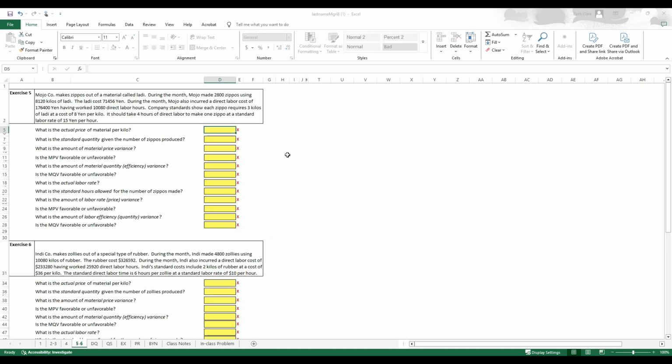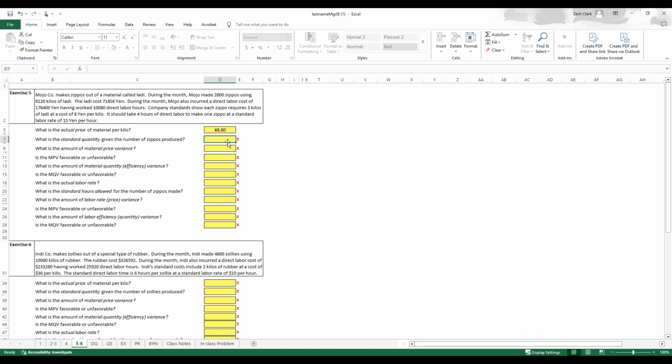Okay, so here we are back in our exercise input screen, and we're going to go through and just start inputting. So the actual price of material per kilo, we calculated as 8 yen and 80 cents, or 8.8 yen.